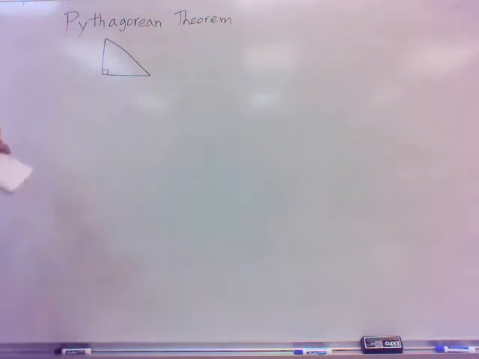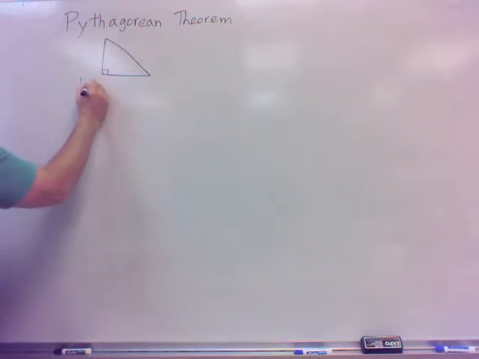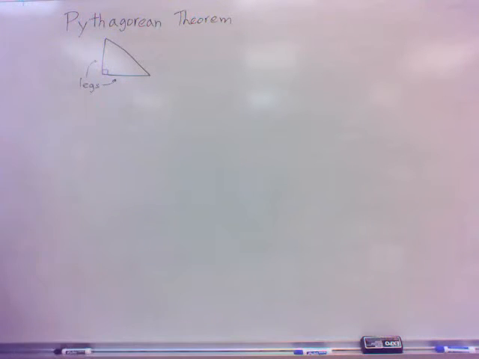Now, we talked about what a right triangle is. Let's mention a couple other things here. The two sides that make up the right angle are called the legs.